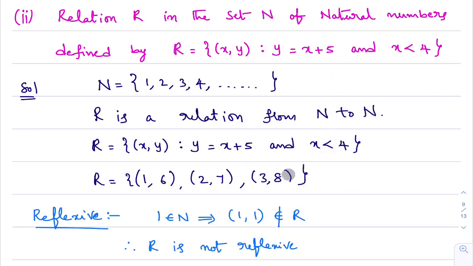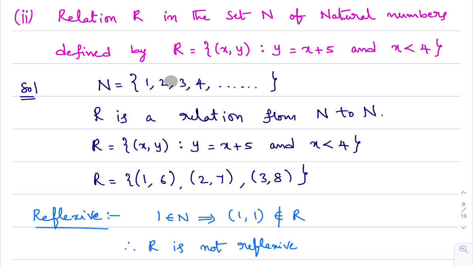I wrote that relation in roster method. Now I need to check reflexive, symmetric, transitive. See, 1 is there in set N. Is ordered pair 1 comma 1 there in this relation? No. So R is not reflexive. When you identify an example which is not satisfying the reflexive property, writing this answer is very easy. Suppose 1 comma 1 is present in this relation. Can we say this relation is reflexive?